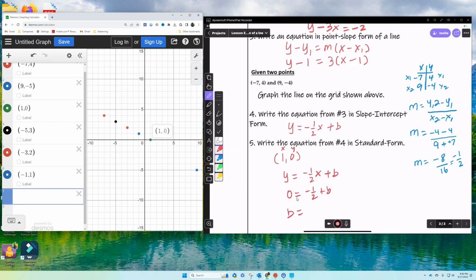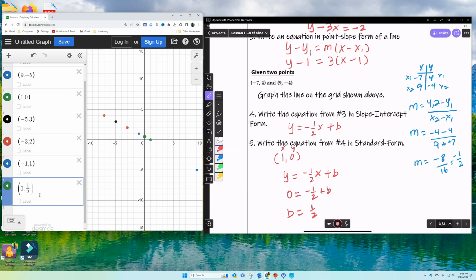So b equals 1/2. The y-intercept appears to be 1/2, and I can graph that here. So I have (0, 1/2), and it's there. So the equation is y equals negative 1/2 x plus 1/2.